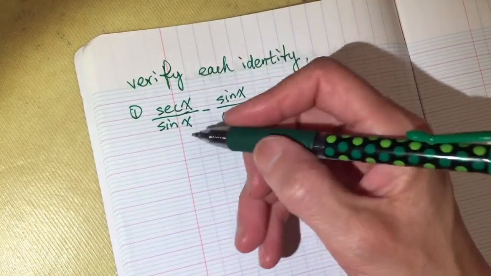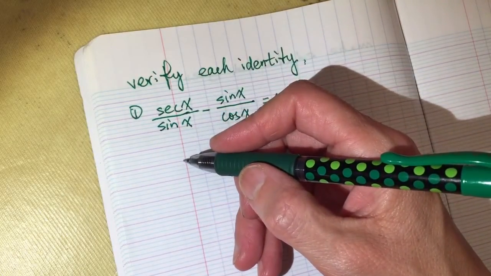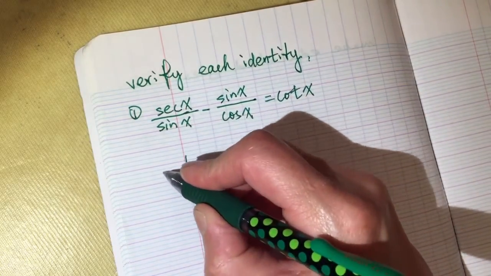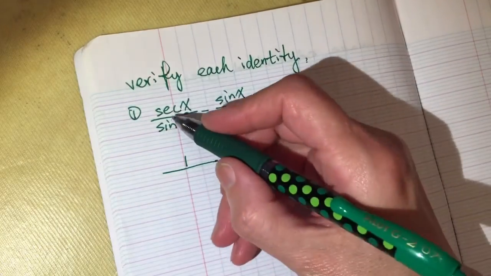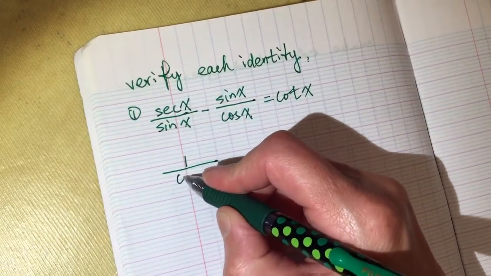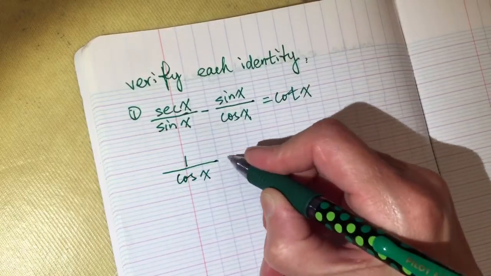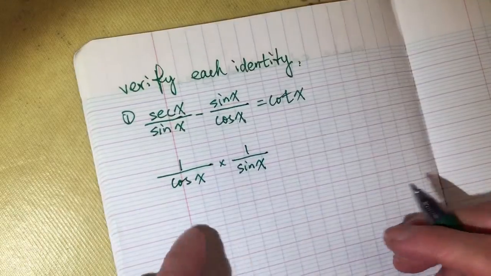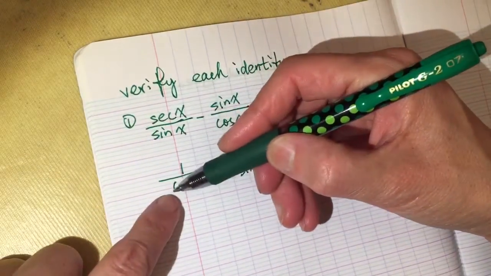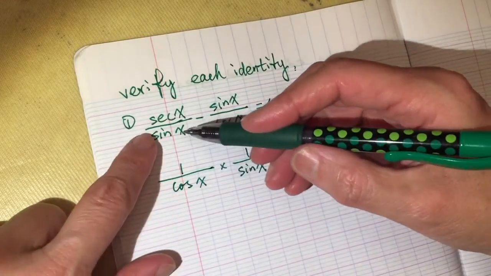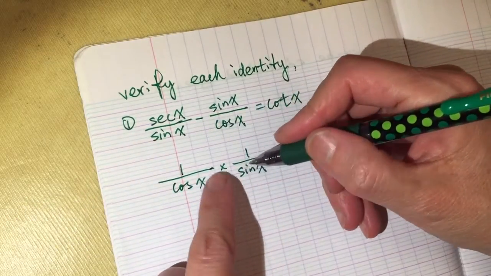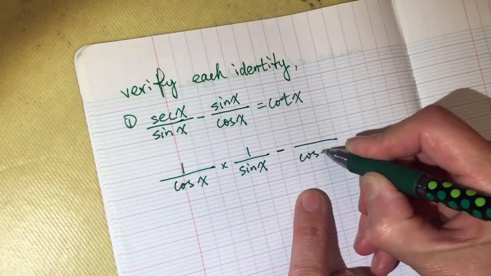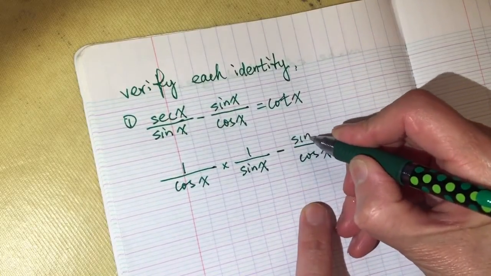We know secant is 1 over cosine x. So we can change it into 1 over cosine x times sine x over 1 on the left side, and on this side, 1 over sine x minus cosine x over sine x.